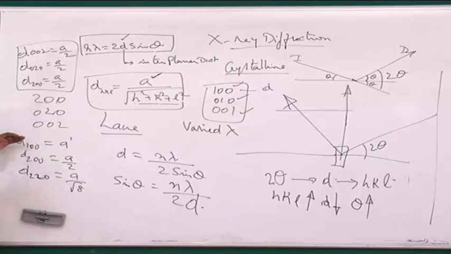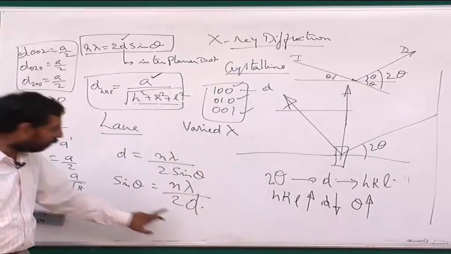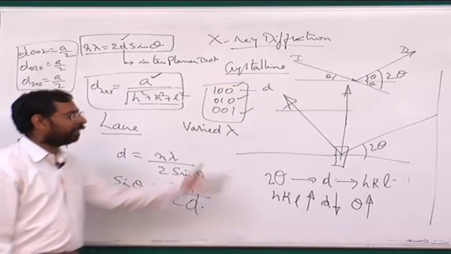You can see that as the HKL is increasing, the d is decreasing. a by 2 is larger than a by root 8. So you can see that as I am going from low index planes to high index planes, the d is decreasing. If the d is decreasing, because sin theta is inversely proportional to d, the theta will increase.